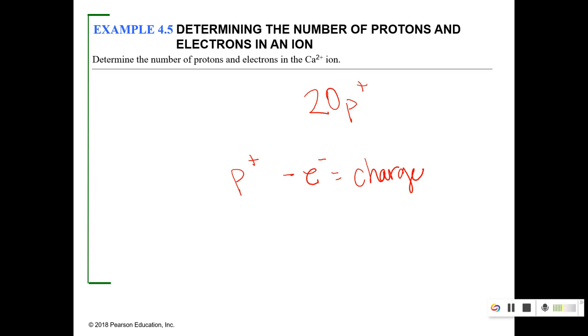So I've got a 2 plus charge, I've got 20 protons minus X. So X must be 18 to equal 2. So I've got 18 electrons.